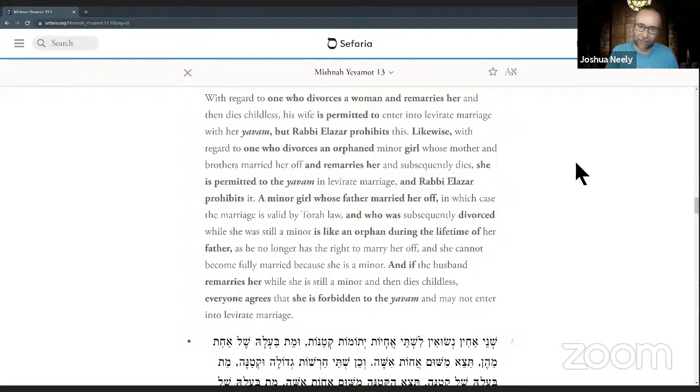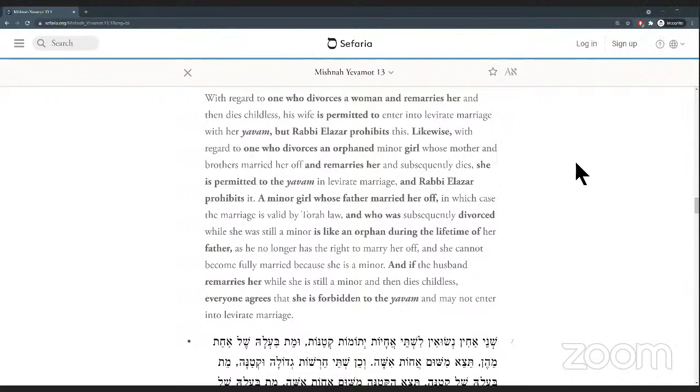In the previous cases, there was enough binding power, even if it was d'Rabbanan rather than d'Oraita, rabbinically put in place rather than Torah put in place, to create the bond sufficient to cause the levirate marriage to be necessary or dissolved by chalitza in the first 2 examples. Clear?